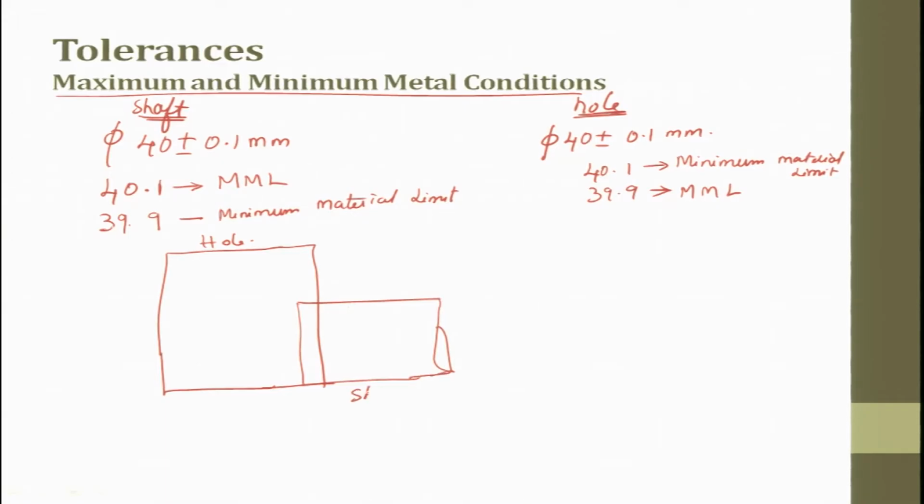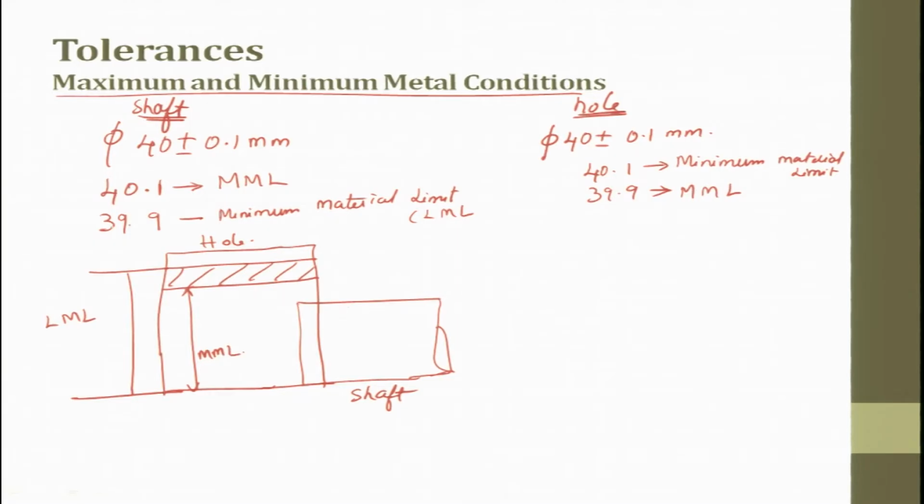This is a shaft. Okay. So, the hole, this is the, I would now change and represent this minimum as LML, the LML condition, and this is the maximum material limit for a hole.